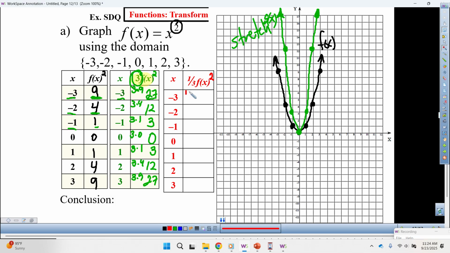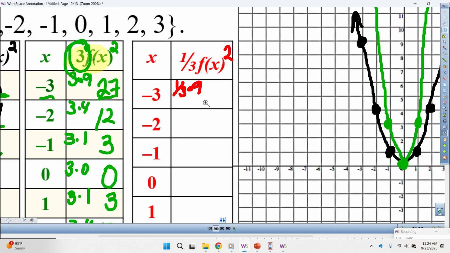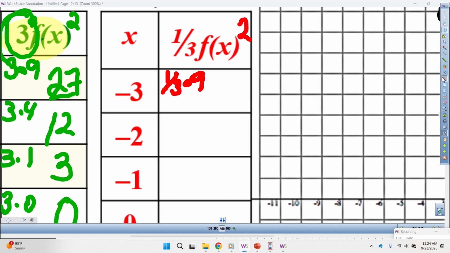We got 1/3 times, what was the original f of x squared? It was 9. So let me zoom in. Let me use a smaller font. 1/3 times 9 is the same as 9/3, which is 3.